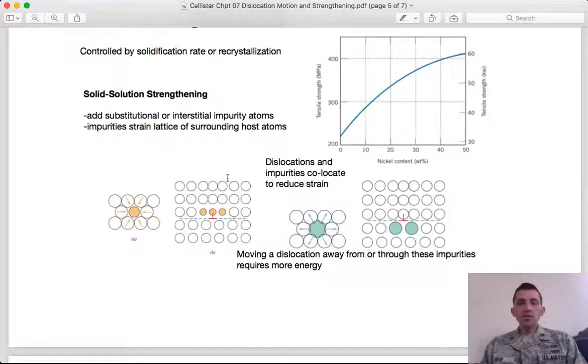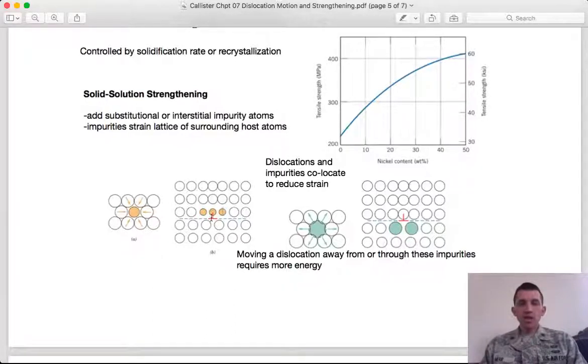And it becomes more likely that a dislocation is going to want to co-locate with one of these impurity atoms. It's going to reduce the energy of the situation in general if I have an impurity that is pushing atoms out, and it can co-locate with a dislocation, which helps to relieve some of that stress right here.